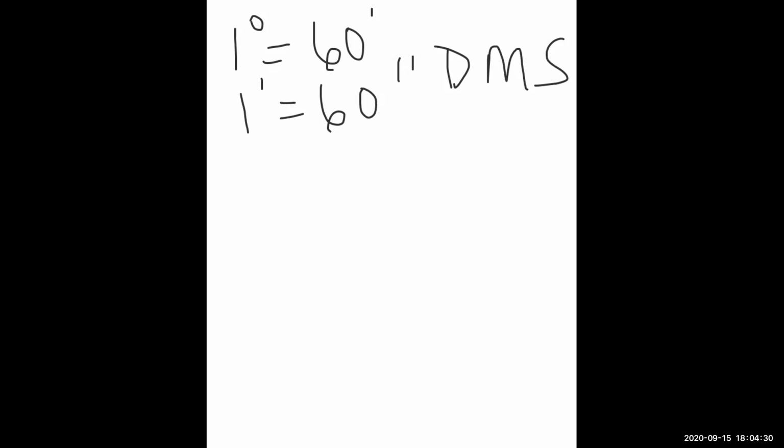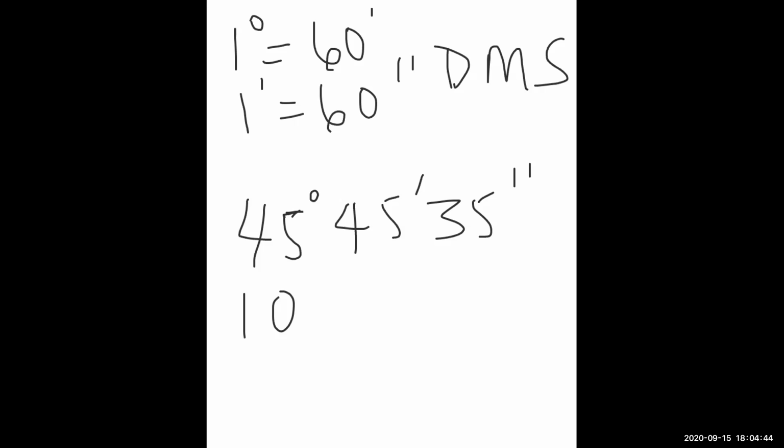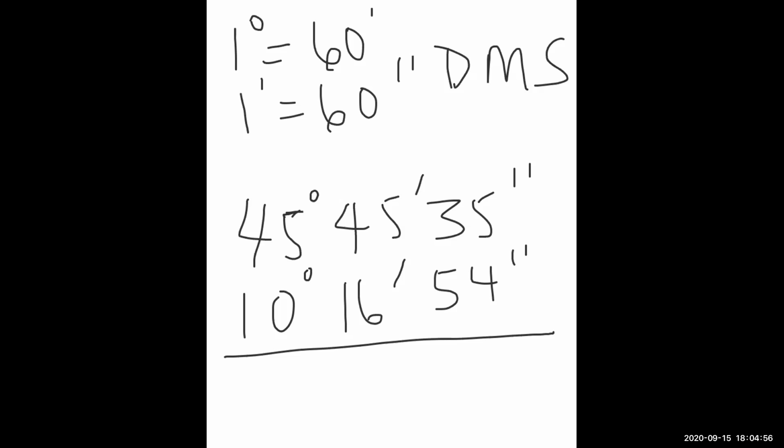So if I have 45 degrees, 45 minutes, 35 seconds, and I want to add, let's say, 10 degrees, 16 minutes, and 54 seconds, I should be able to add those two together.